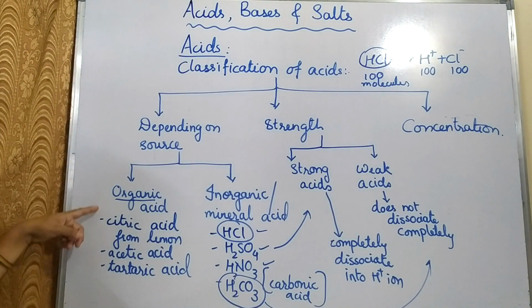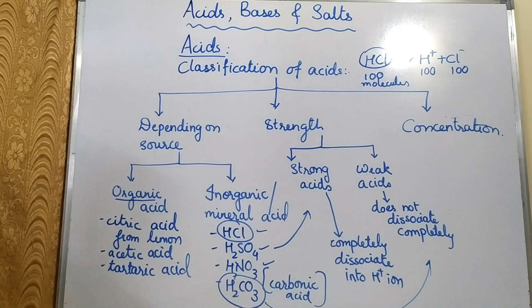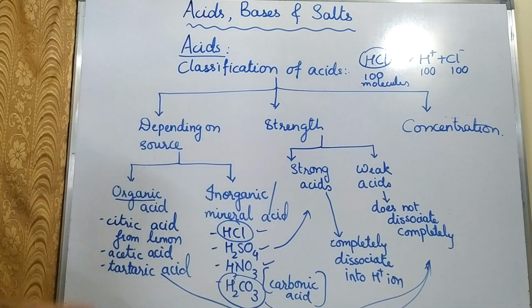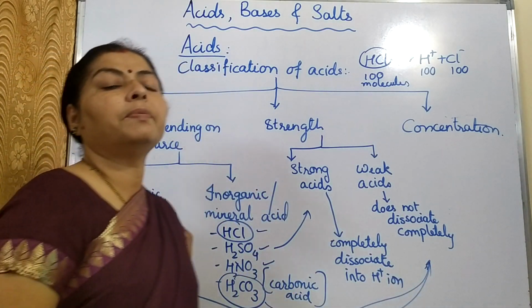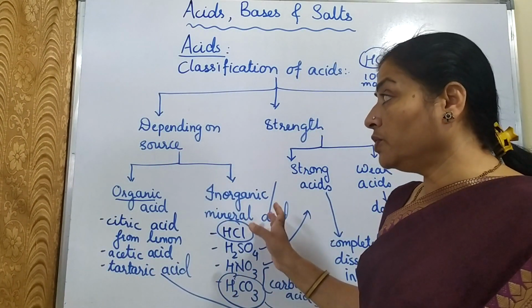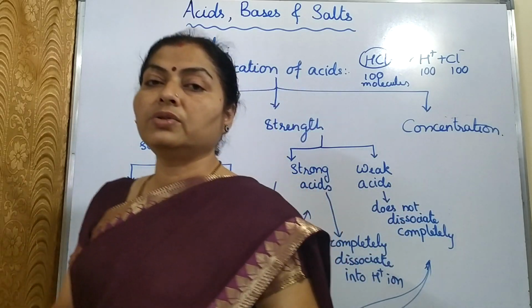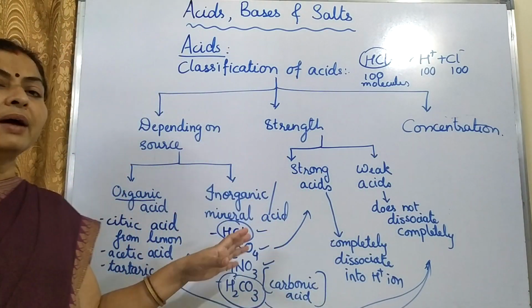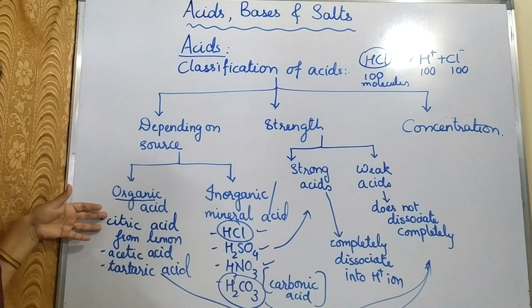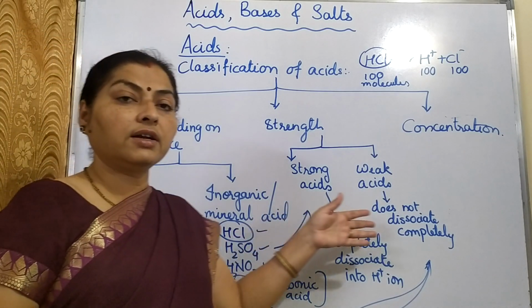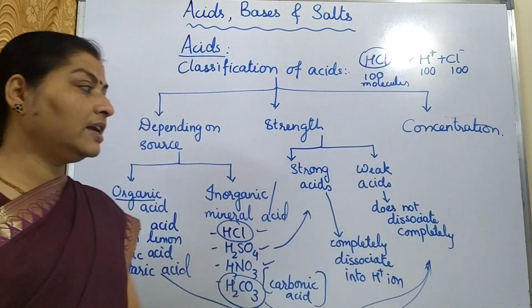And then all the organic acids are weak acids. All the organic acids which are obtained from plant or animal source are weak acids, and that is why we can consume those acids. Strong acids are very corrosive. Weak acids are less corrosive, or we can say very mild. So we consume citric acid, acetic acid, tartaric acid, all these acids we can consume. So they are all weak acids.